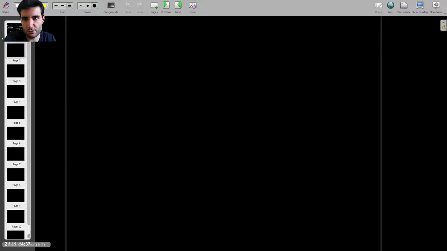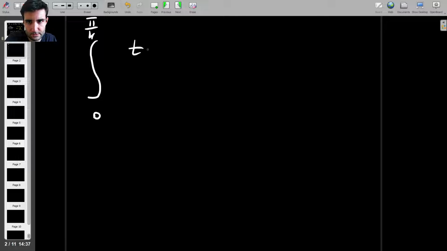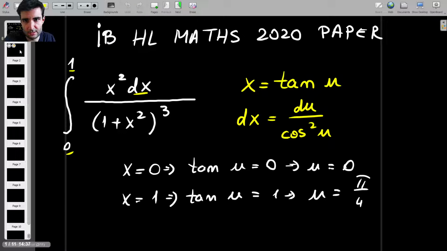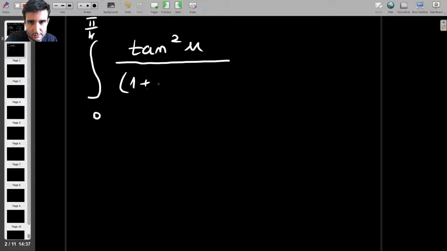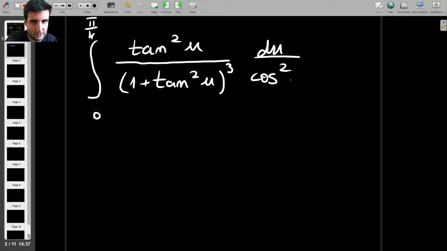Now we can rewrite this integral like this: integral from 0 to pi over 4 of tan squared of u over, and we do the same thing in the denominator, 1 plus tan squared of u, cubed, and then we have du over cosine squared of u. Let's write tan as sine over cosine.